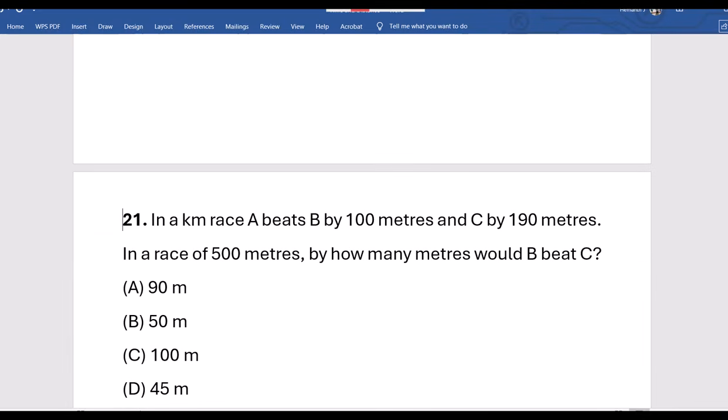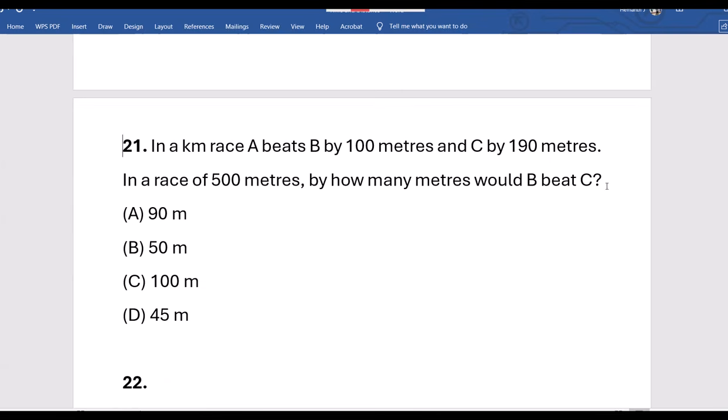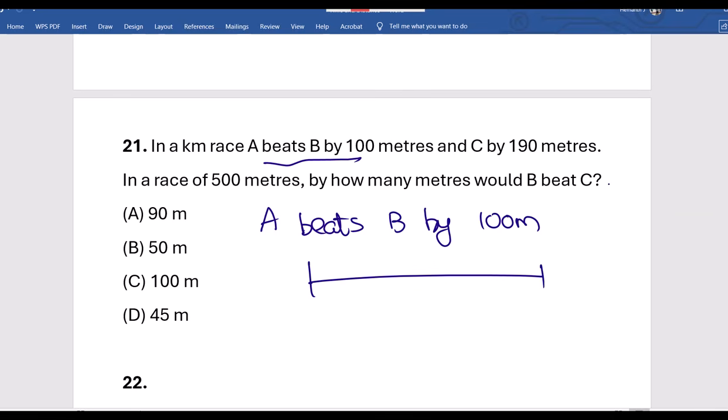Listen. If you see the statement A beats B, it means A should complete the race first. The race is how many meters? 500 meters. A beats B by 100 meters means, in this race from 0 to 500, A should complete the race.